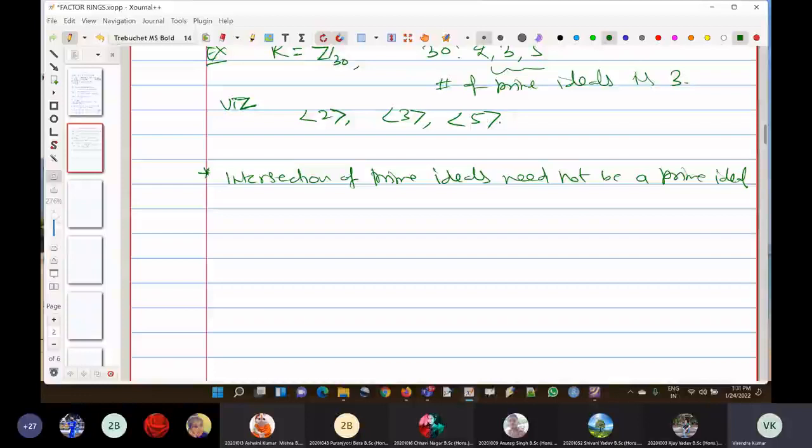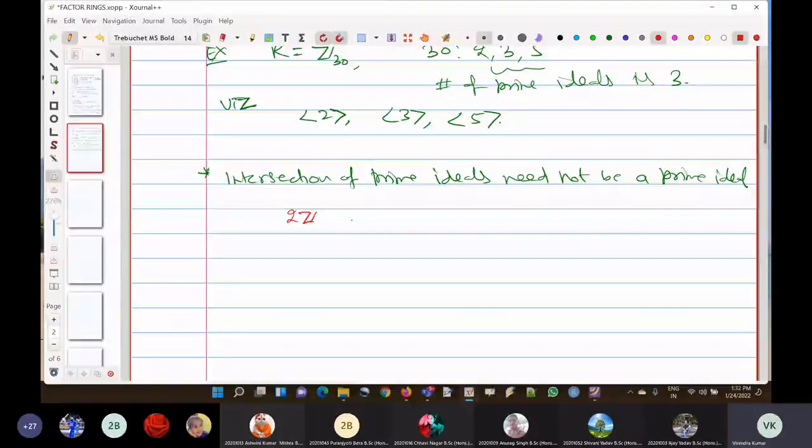Usually, if you take group theory, the intersection of 2 subgroups of the same group is a subgroup, but union need not be, no? And similarly in case of subring also, but here in case of ideal, this is a very different thing.